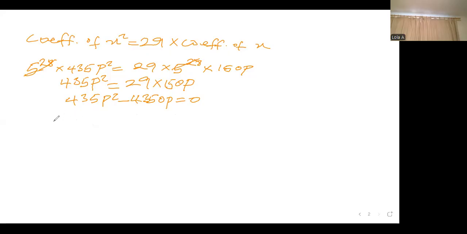So divide through by 435. So when you do that, you have p squared minus, now 435 dividing 4,350 will give you 10.